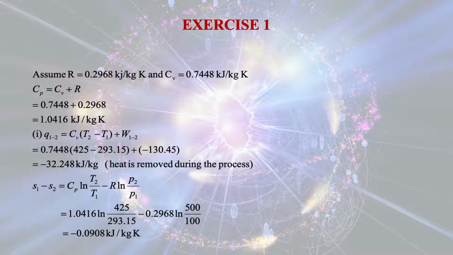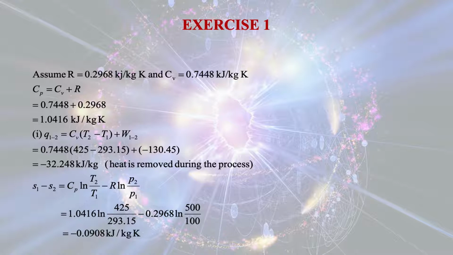So Q12, that is the heat supplied from state 1 to state 2, is equal to Cp times (T2 minus T1) plus W12. This is the expression which we get from the first law of thermodynamics, the energy equation. So put the value of Cp; T2 and T1 are given, and W12 we have just calculated.